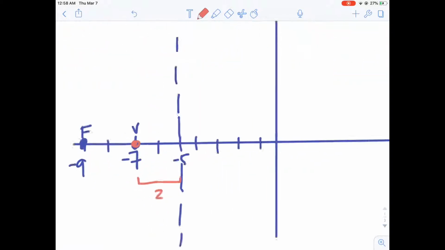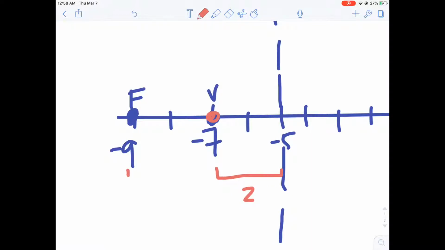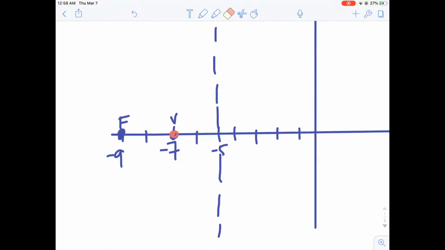And from the focus to the vertex, that is also a distance of 2. So always keep in mind that the distance from the vertex to the focus and from the vertex to the directrix is always going to be p. The negative sign is just telling us which direction the parabola is going to open towards.